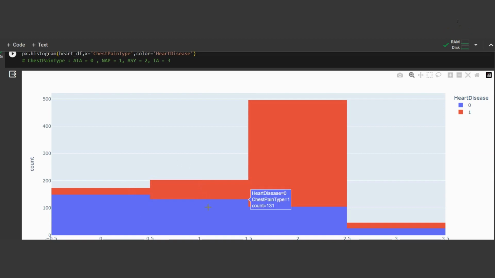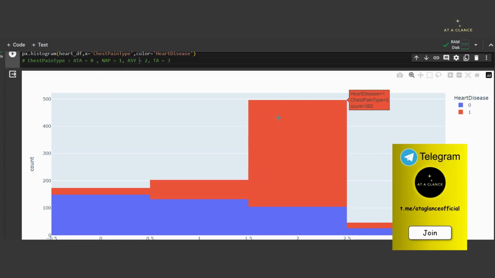Similarly, if we shift to the next, which has the value non-anginal pain, it says that if you have non-anginal pain, then there are less than 50% chances that you will have heart disease, because more patients here are safe or they don't have heart disease. But if you shift to another bar, here you can see it is the asymptomatic type of chest pain.